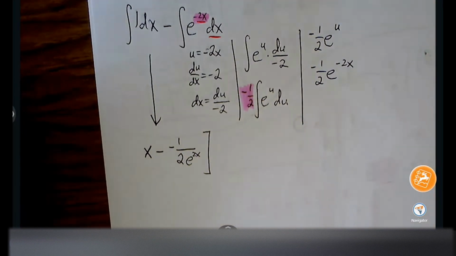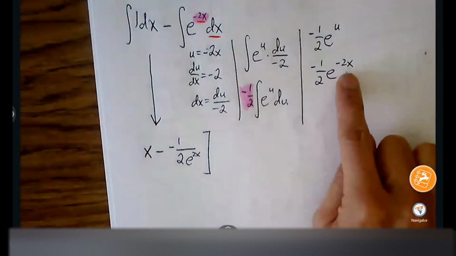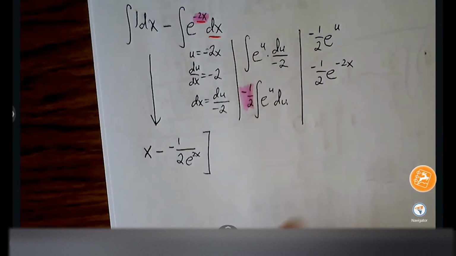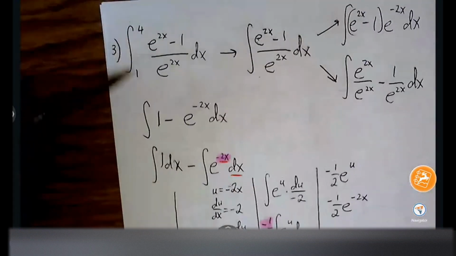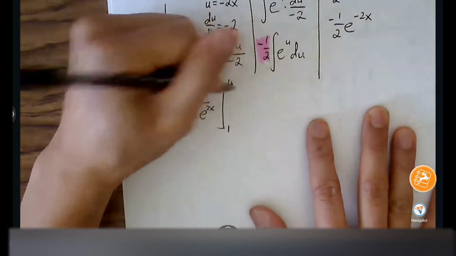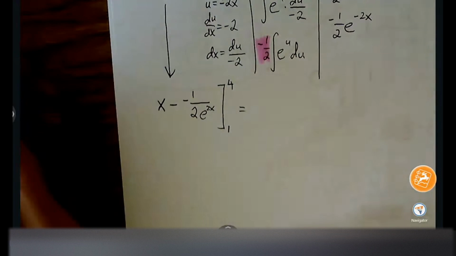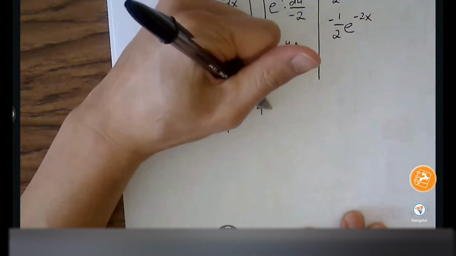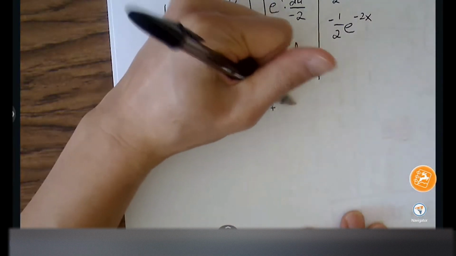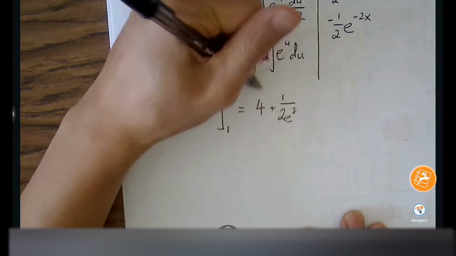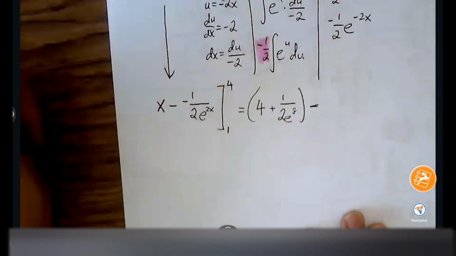Perfectly fine. And then we can use our original bounds, right? I represented my antiderivative in terms of x. So my original bounds are good to go. Okay. Upper bound always gets evaluated first. Okay.